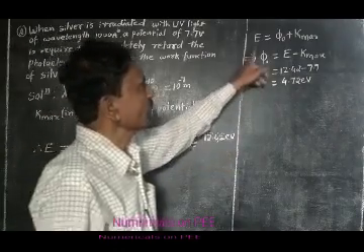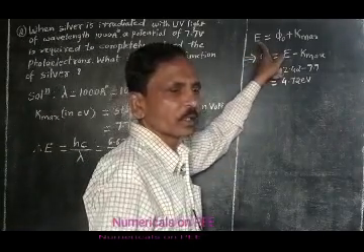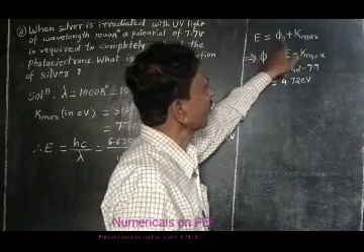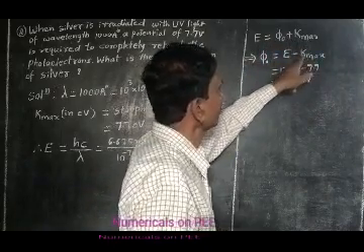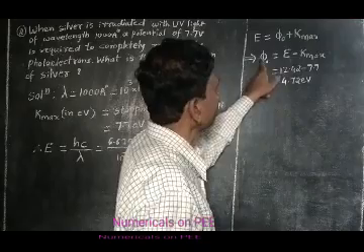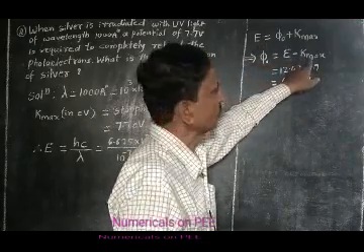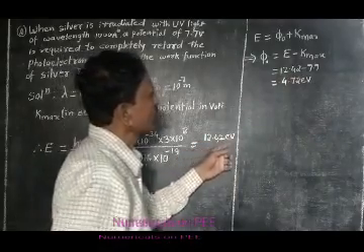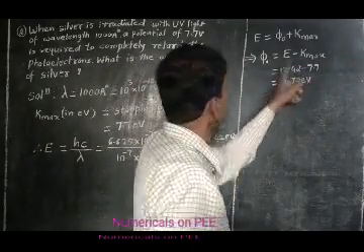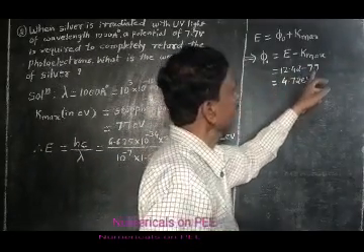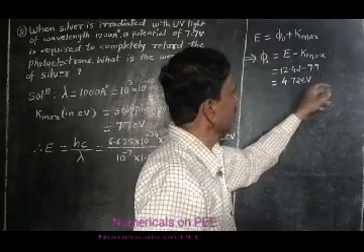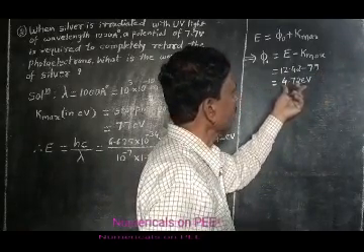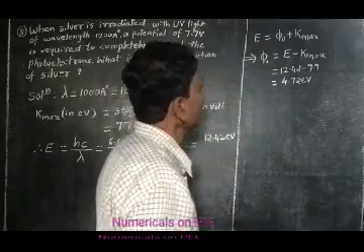Now using Einstein's photoelectric equation, E equal to phi naught plus K maximum, this implies phi naught equal to E minus K maximum. Here energy of photon is 12.42 minus maximum kinetic energy, which is 7.7 electron volt, and we get 4.72 electron volt.